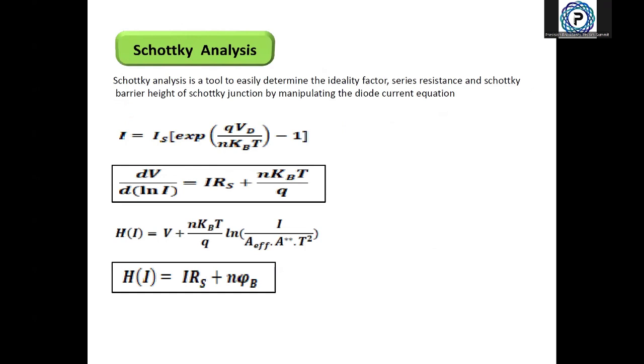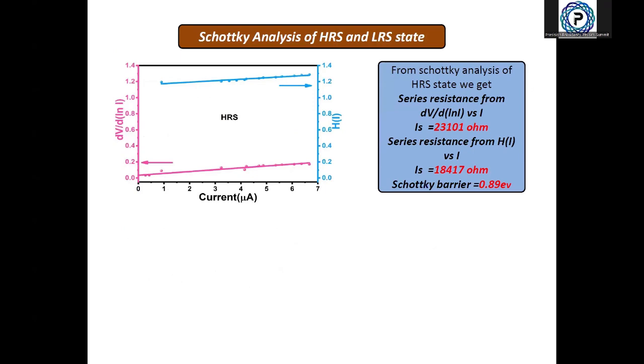If you manipulate this equation a little bit, you will get two linear equations. In the equation you can see there is Rs. This Rs represents the whole resistance, not only the material resistance but also the surface resistance. All these types of resistance are considered as a series resistance, so that's why it is the whole resistance of the material.